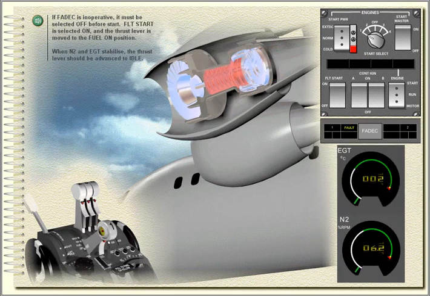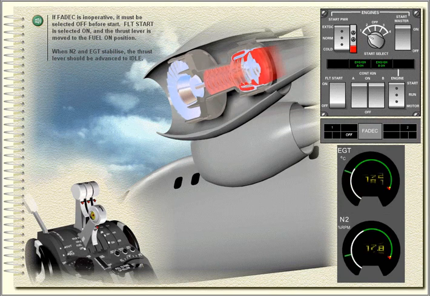If FADEC is inoperative, it must be selected off before start. Flight Start is selected on, and the thrust lever is moved to the fuel on position. When N2 and EGT stabilize, the thrust lever should be advanced to idle.